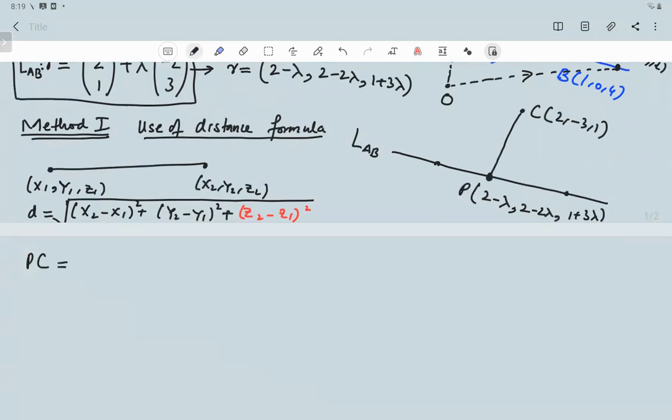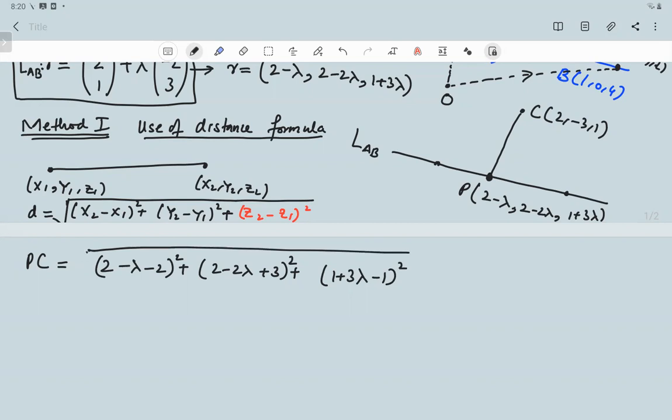PC is equal to the square root of (2 minus lambda minus 2) whole square, plus (2 minus 2 lambda plus 3) whole square, plus (1 plus 3 lambda minus 1) whole square. And PC square is equal to (minus lambda) square plus (5 minus 2 lambda) square plus (3 lambda) square.